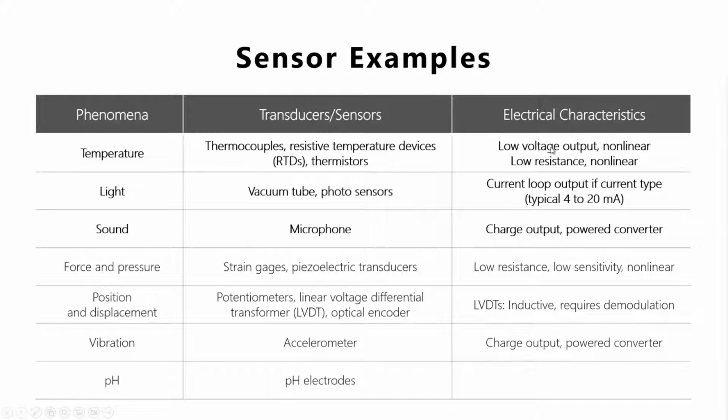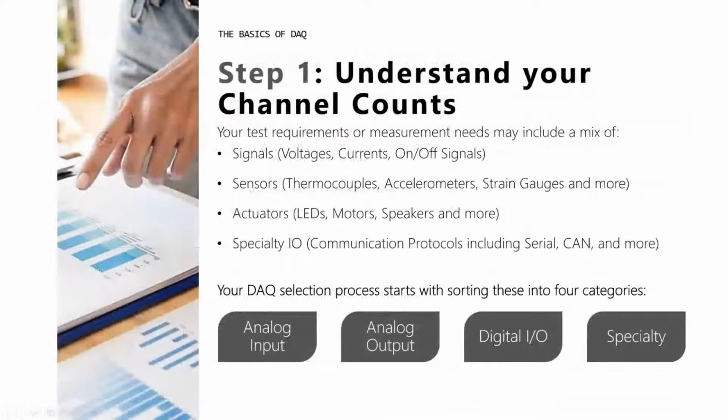When the signal is transferred to a DAQ device with a range of plus or minus 5 volts, it's not able to take advantage of the full voltage range on the device, and therefore our measured signal will lose a lot of resolution. We'll talk about resolution later. So what we have to do is manipulate this signal so that it takes advantage of the full capabilities of the data acquisition device.